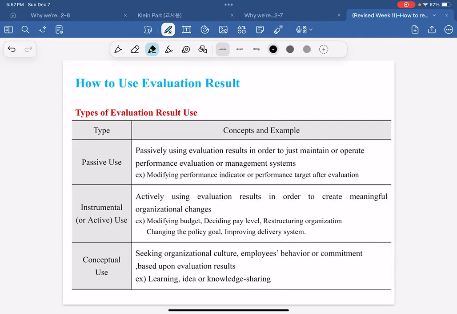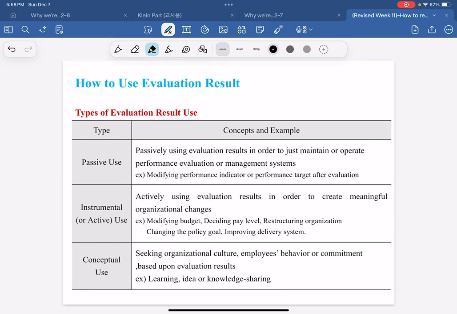Also, organizational divisions may be created or abolished. And policy goals can be changed, or new designs in the delivery systems can be provided.